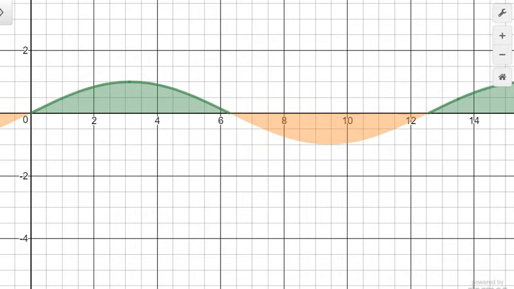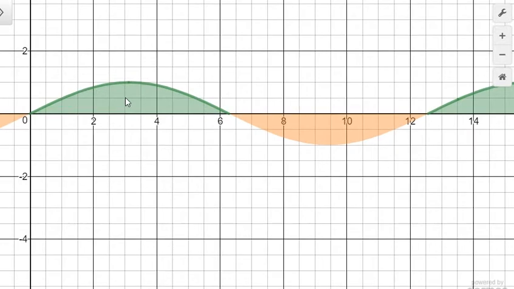It's tough to say, but what's certainly clear is that this area here in green is going to be balanced out with this area in orange, as if you go exactly up to, say, 2 pi.